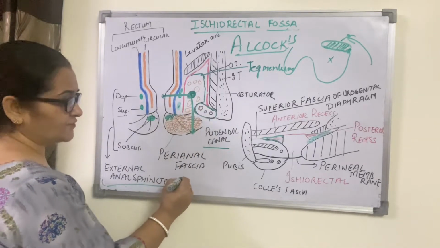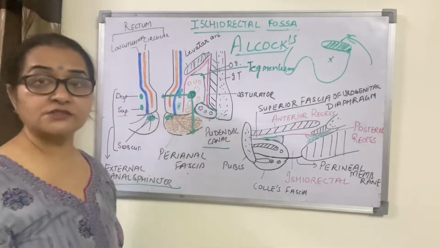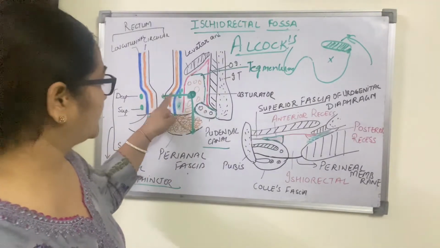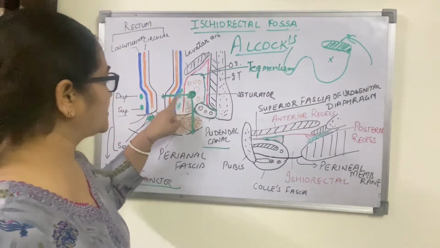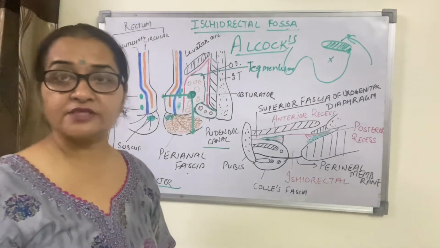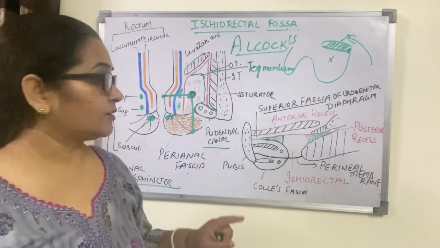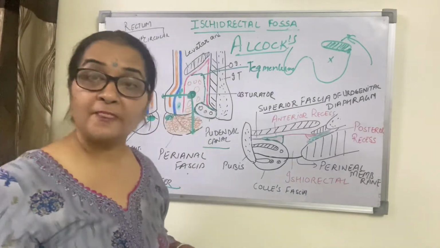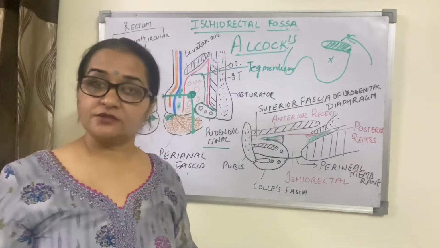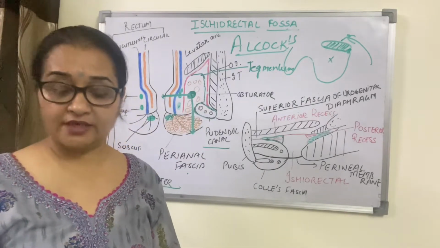Then it is known as fistula in ano. So the abscess finds a space towards the skin as well as towards the cavity. Both are communicated, and the treatment of this fistula in ano is surgical. So surgical intervention is required in that case.